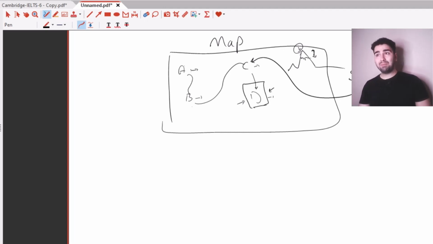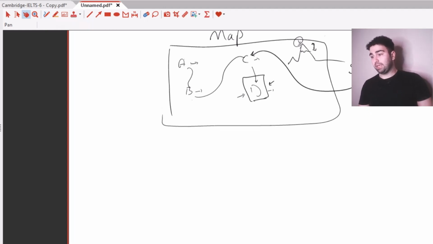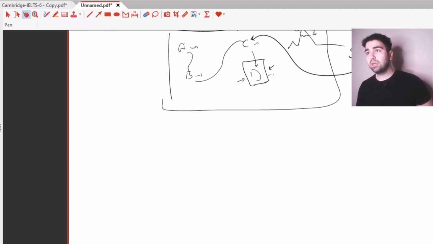But the map is only going to tell you that this paragraph is about the mountain. Go find the things that you want here. So some questions like matching headings only require you to understand this from the passage. Some other questions do not.